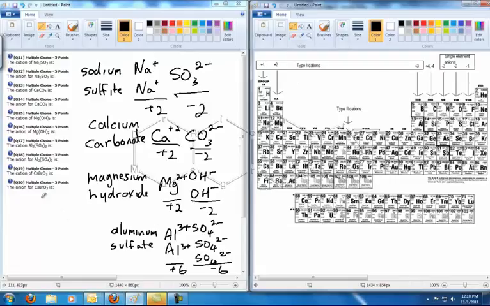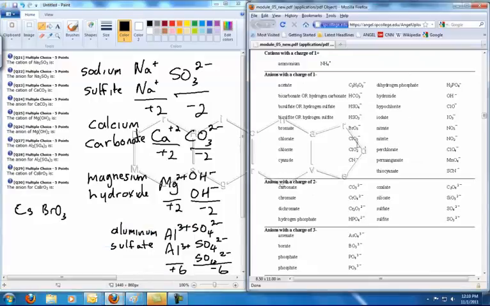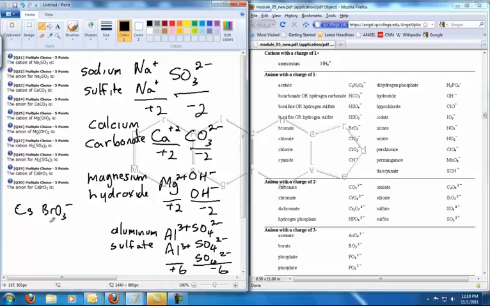Let's move on to the next one, CsBrO3. So that's 1 Cs and then 1 BrO3. The charge on BrO3, we look over here, there it is, bromate, that's -1. Total negative charge, -1. Total charge on the positive side, +1, which means the Cs has a +1 charge.